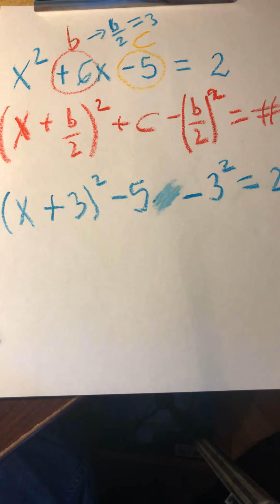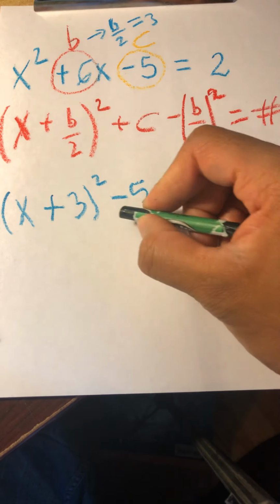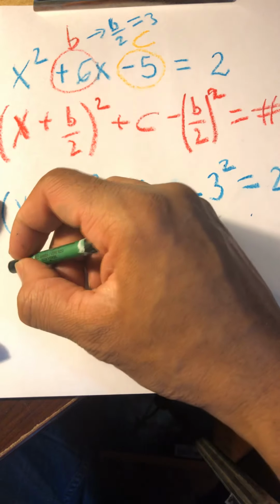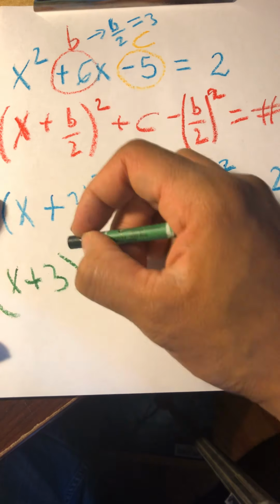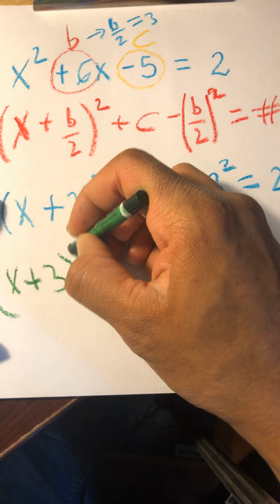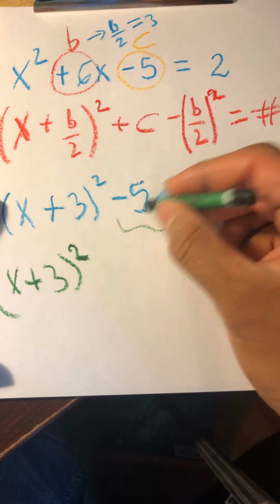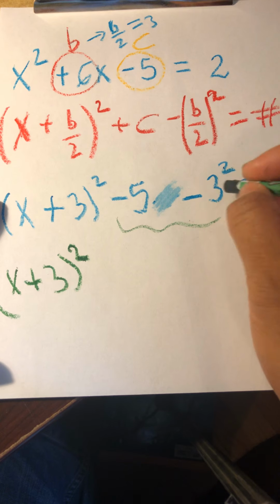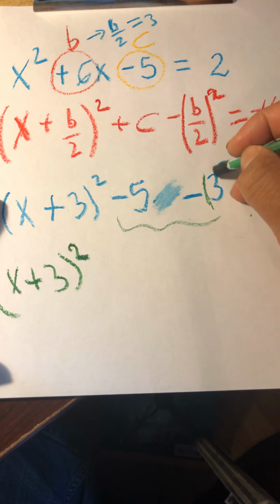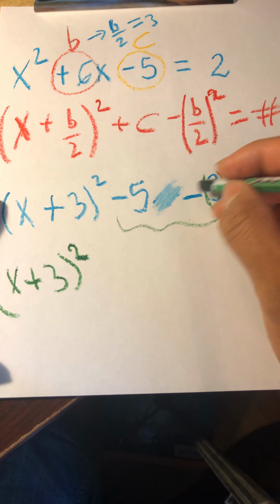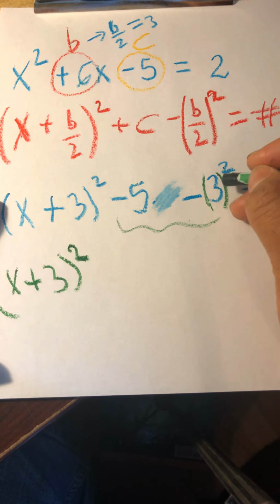All right, so now I have to find out what this is, which is not too bad. It's just going to be x plus 3 squared. Now 3 squared is going to be 9. Remember, I'm subtracting 3 squared, so I'm not squaring negative 3, I'm just squaring the 3.